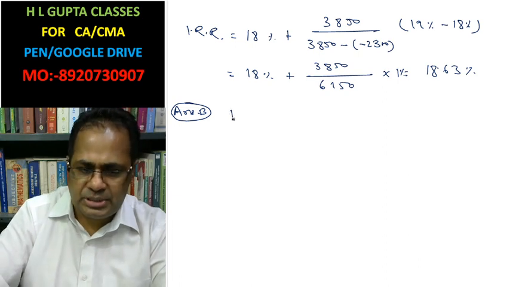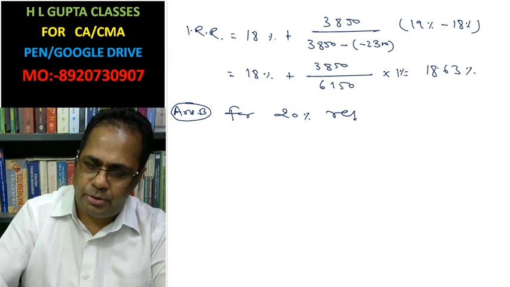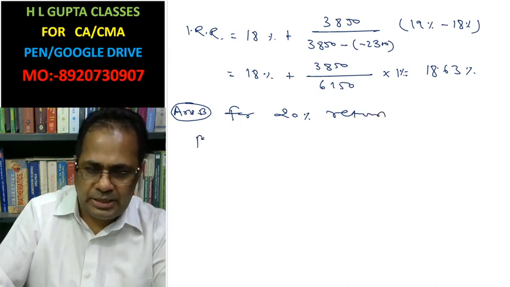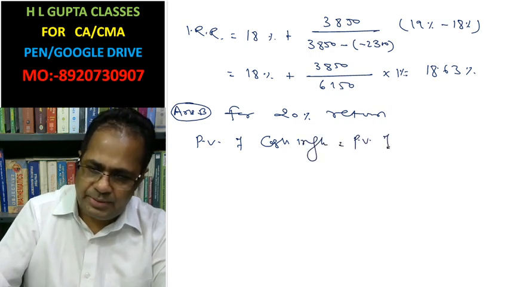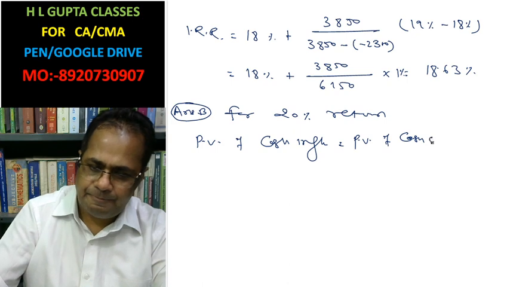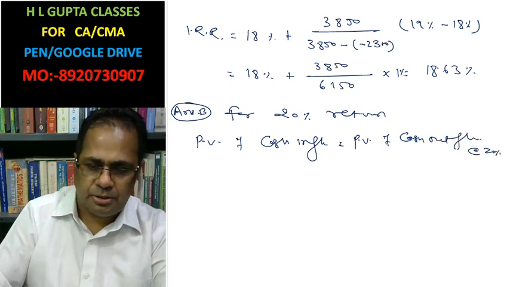For 20% return, present value of cash inflow must be equal to present value of cash outflow at the rate of 20%.